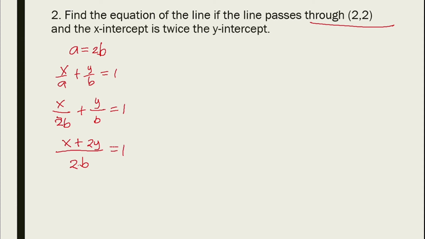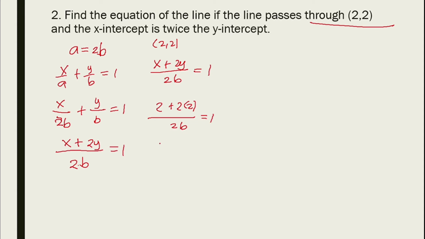Since it passes through the point (2, 2), we substitute (2, 2) into this equation. So you have x plus 2y over 2b equals 1, to get the value for our b. So 2 plus 2 times 2 over 2b equals 1.